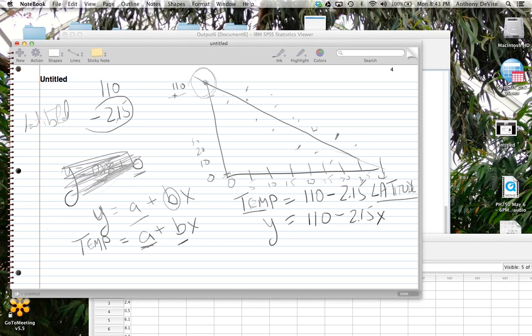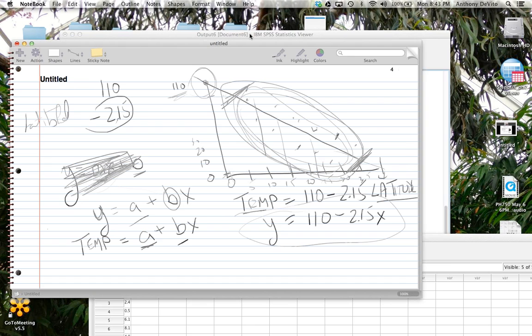So 110, well, we don't have a city in the United States that has an average temperature of 110. Even in the desert, it's 110 in the summertime, but sure isn't 110 in the wintertime. So really, our regression only has meaning within the range that we have actual values. The formula is useful because we can use it to predict individual values, but we really should stick to using it only where we have actual values.